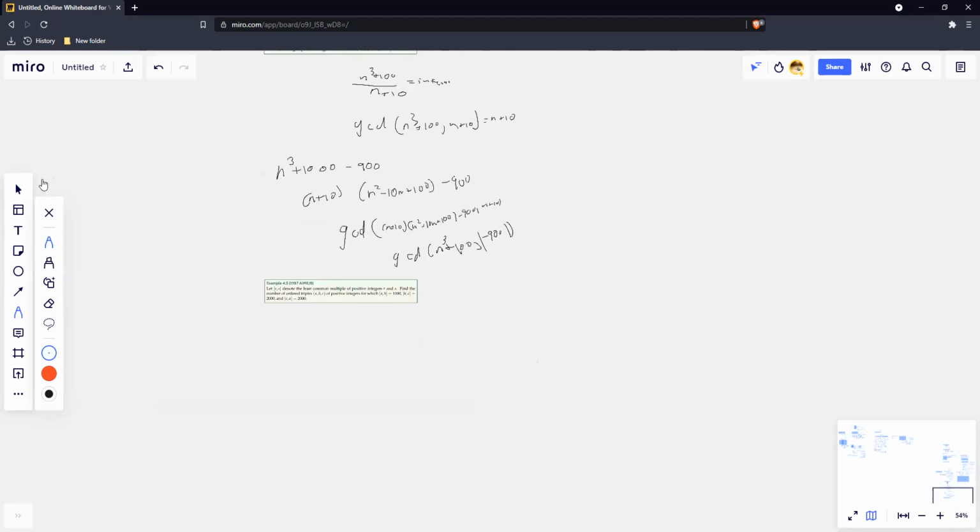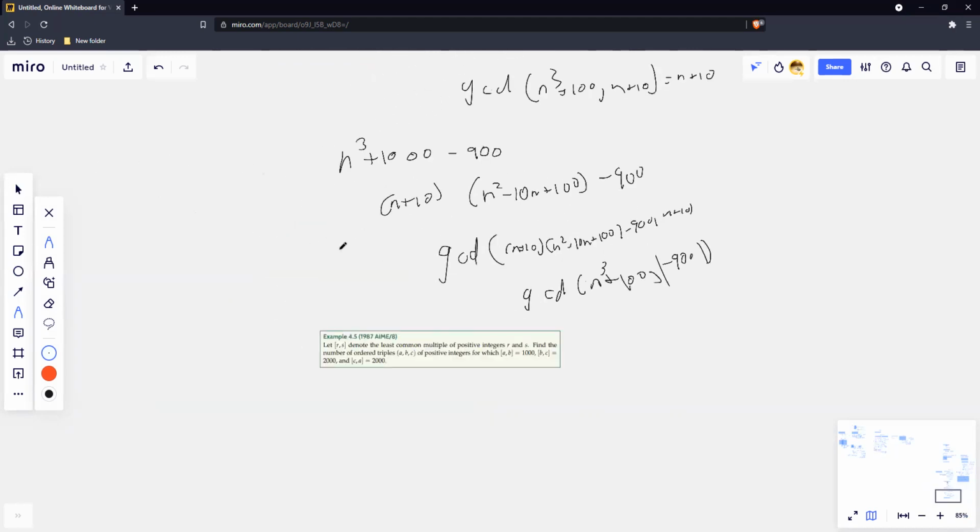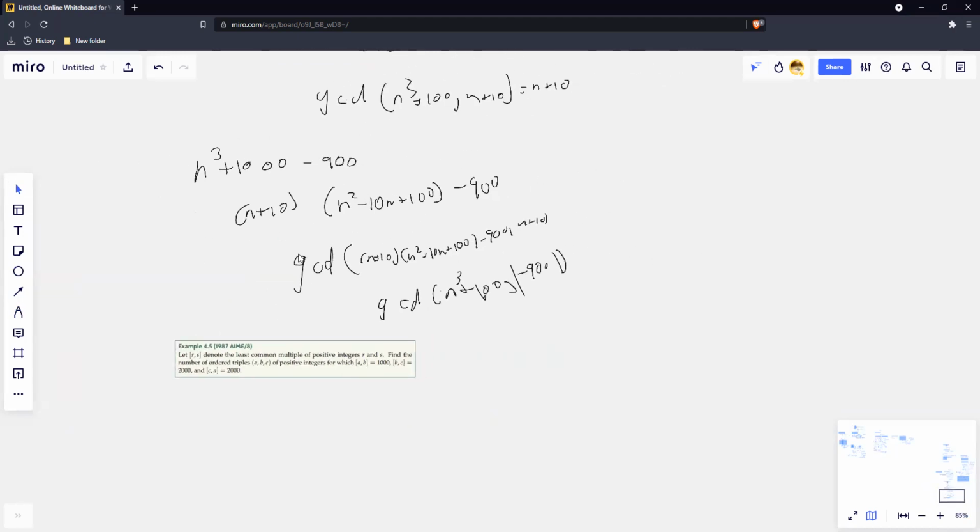Yeah, so for the formula, it's actually the absolute value of m minus k times n. So as we can't have a negative number in the GCD, n cubed plus 100 equals 900. And basically we're finding the largest n, so we have to maximize n plus 10 as well.